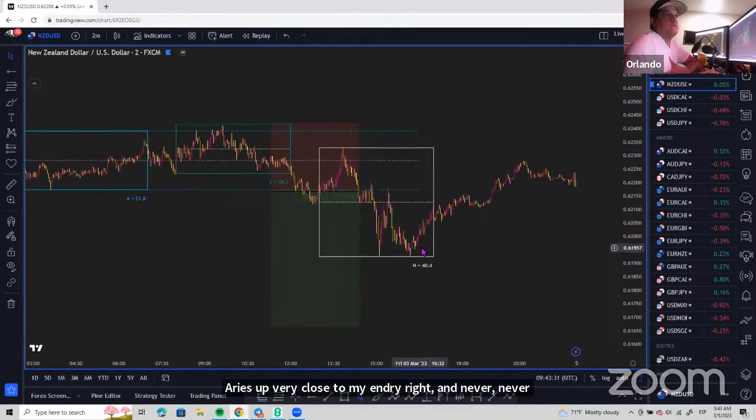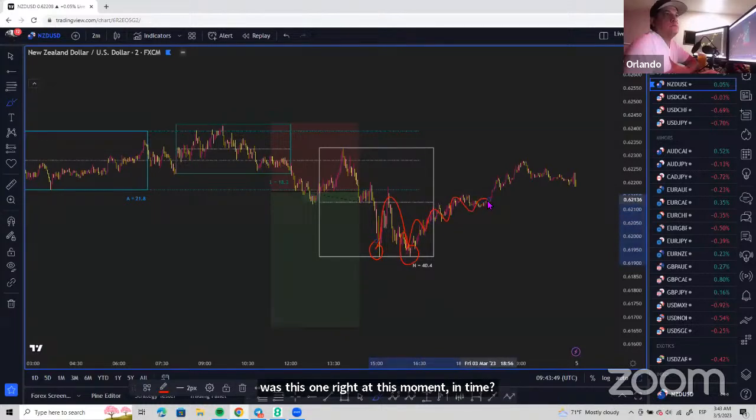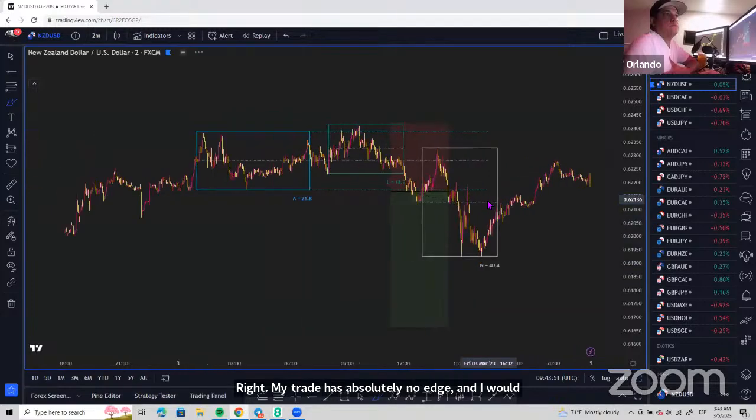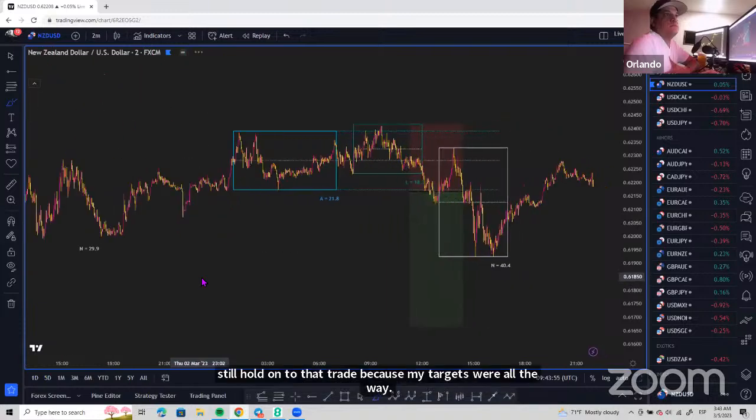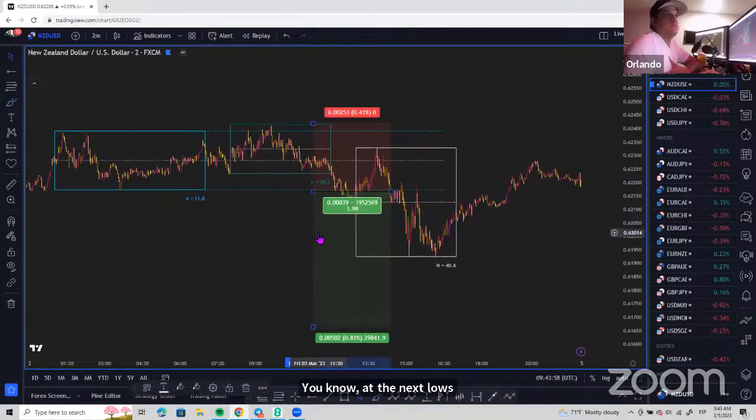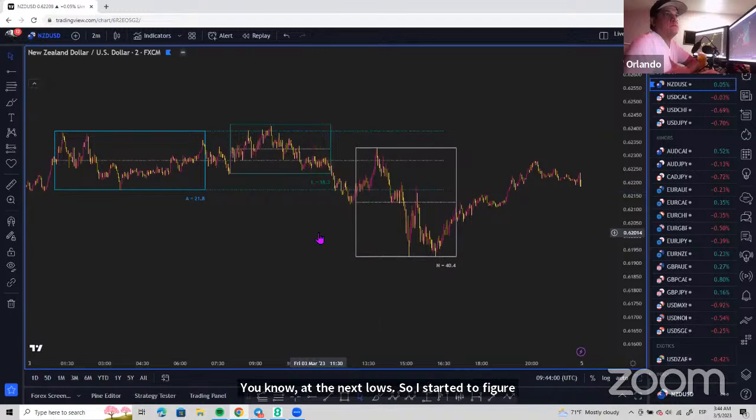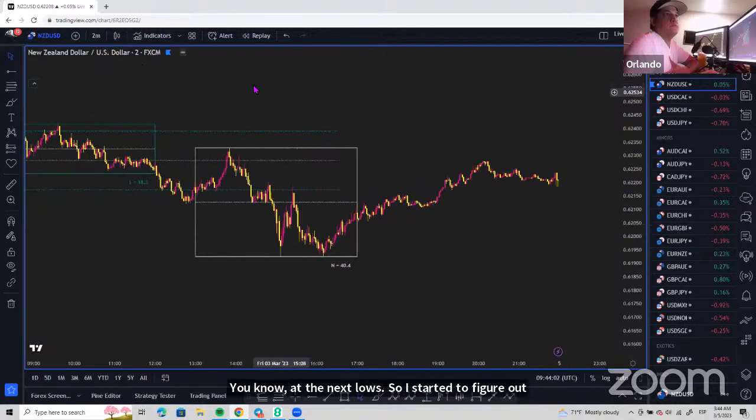And when momentum dries up, my trade has absolutely no edge, and I would still hold on to that trade because my targets were all the way at the next lows. So I started to figure out that what I was doing didn't work.